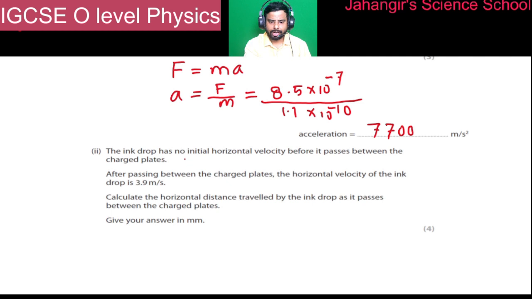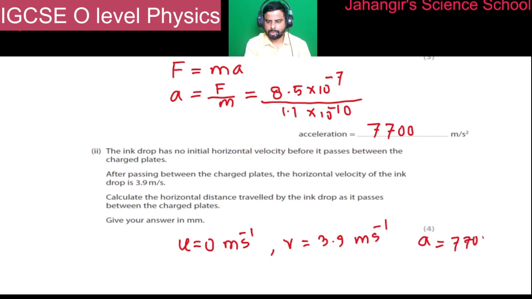The ink drop has no initial horizontal velocity before it passes between the charged plates. After passing between the charged plates, the horizontal velocity of the ink drop is 3.9 meter per second. So initial velocity is 0 meter per second and final velocity v is 3.9 meter per second, and acceleration we get 7,700 meter per second squared.